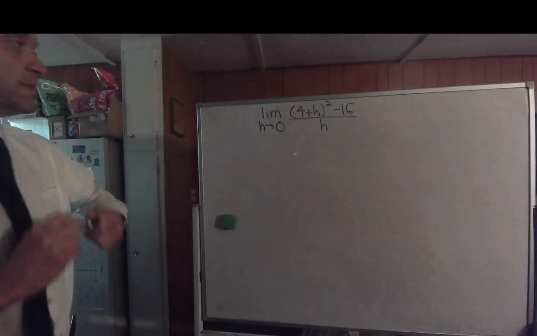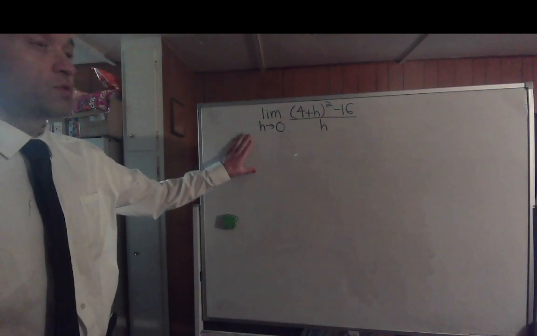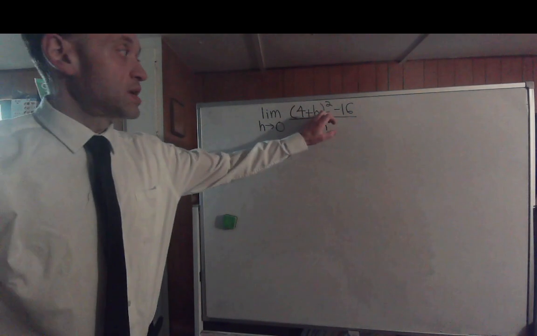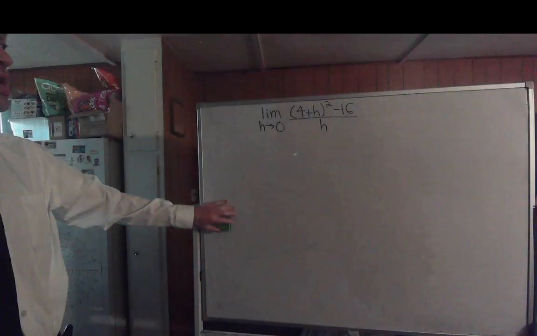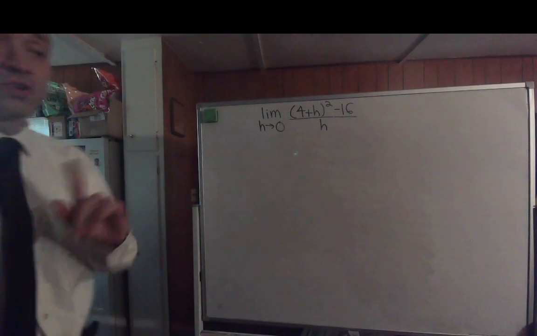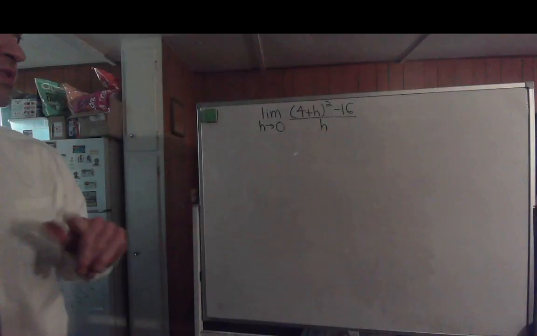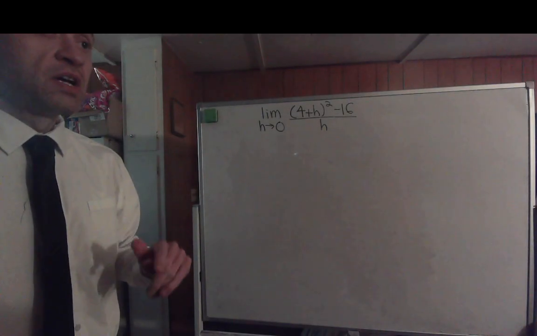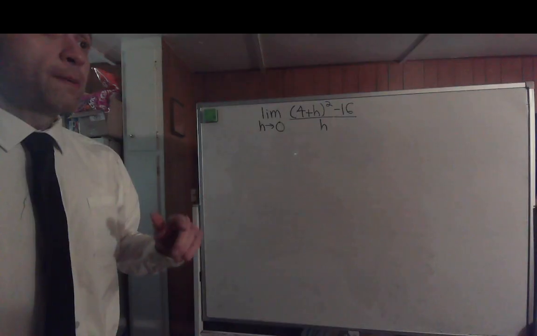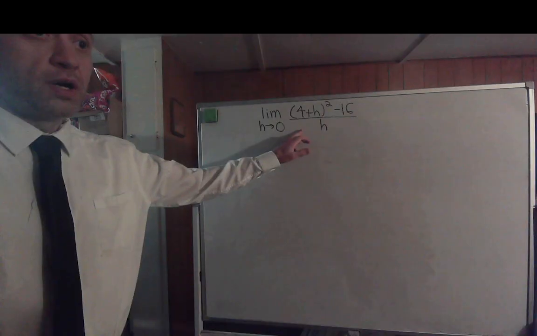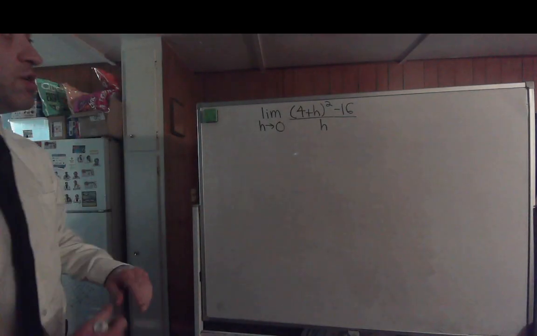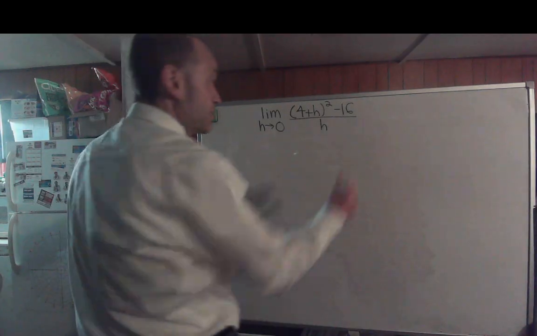So I have the limit as h approaches 0 of (4 plus h) quantity squared minus 16 all over h. Well, as it turns out, we're going to later discover this would be the derivative of x squared at x equals 4. But we're not there right now. But I'm going to show you how this works.